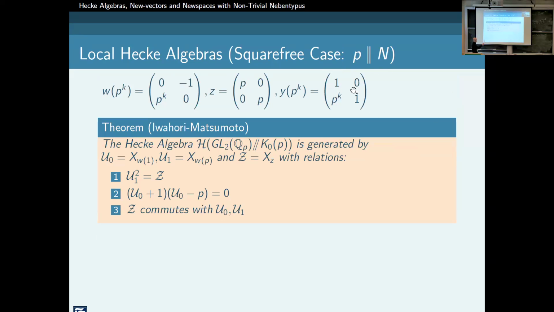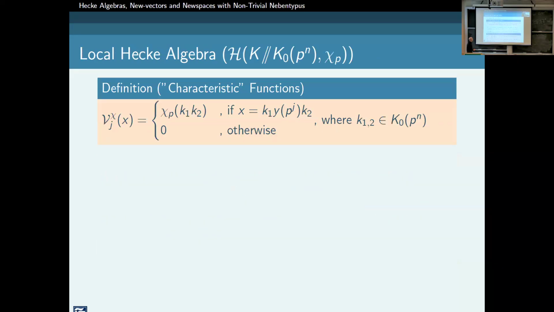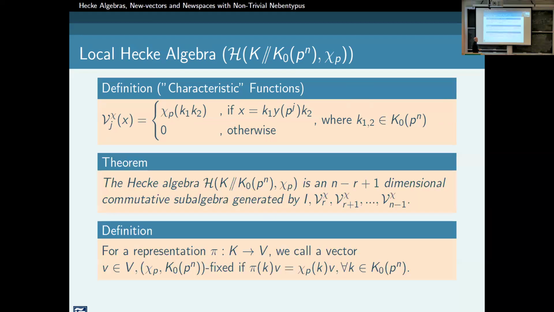They're not exactly characteristic, they're twisted characteristic functions. And you get that this is an n minus r plus 1 dimensional commutative Hecke algebra, which is generated exactly by these elements, where r, let me mention, is the conductor of this character chi-p.